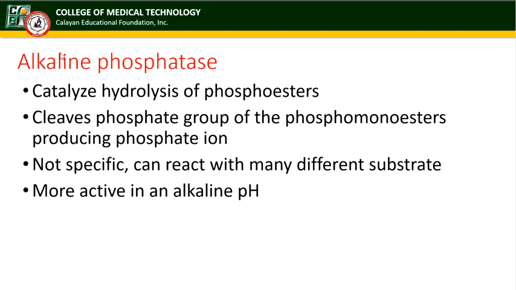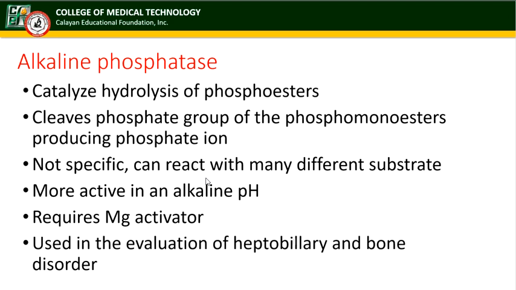So titingnan na pangalan, alkaline phosphatase, alkaline pH. So this requires magnesium as an activator. So it is used in the evaluation of hepatobiliary and bone disorders. So alkaline phosphatase pwede sa liver, sa bile, and sa ating bones.